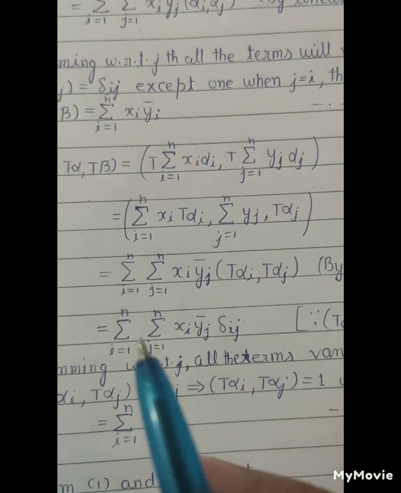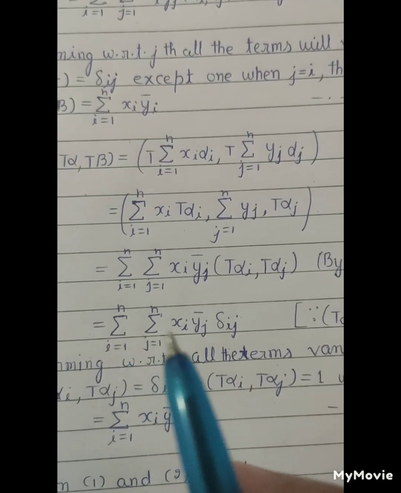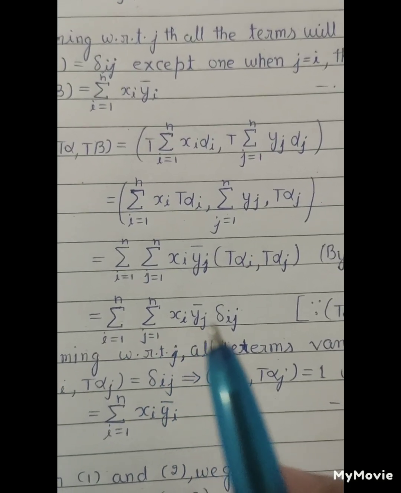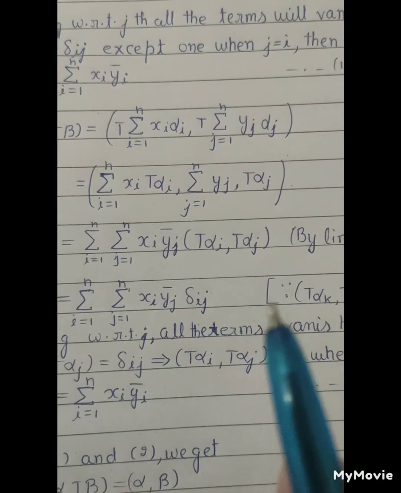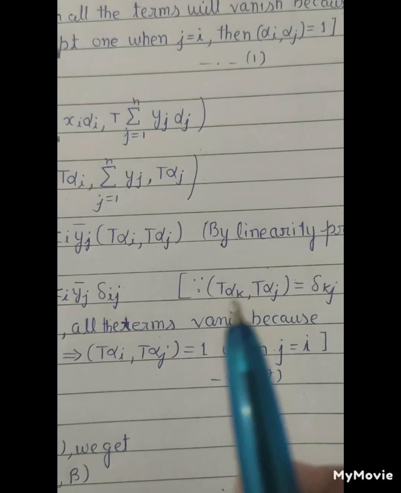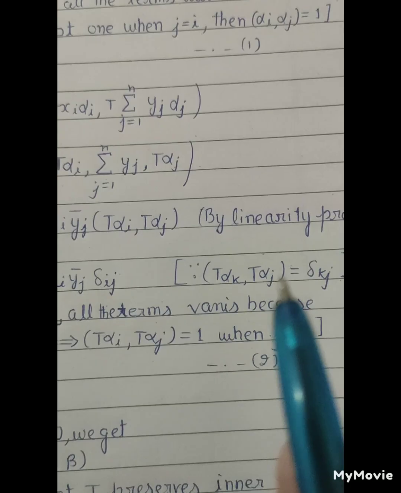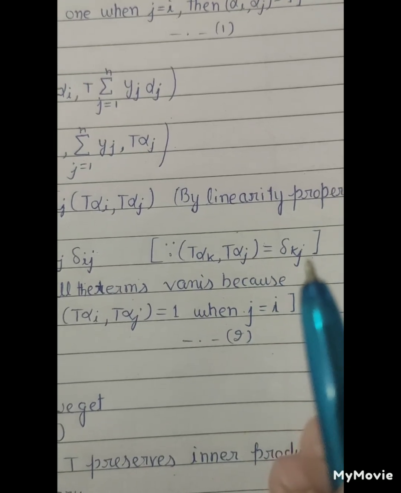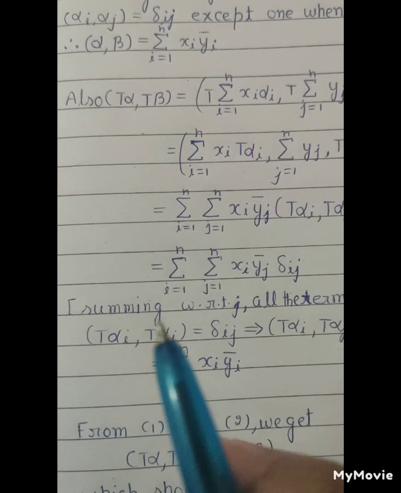Equal to sigma i varying from 1 to n, sigma j varying from 1 to n of xi yj bar delta ij, because the inner product of T of alpha k and T of alpha j equals delta kj.